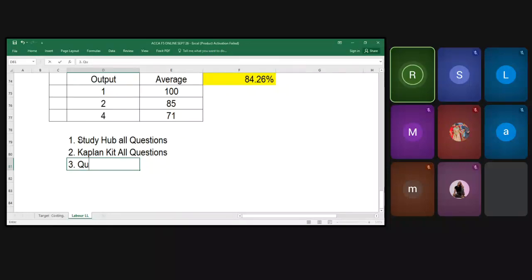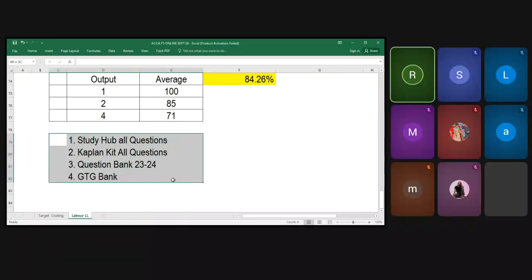I would want you to use the question bank 23 to 24. Then number 4, use the GTG bank. All right, so that's the order of priority. And make sure that you exhaust all questions from startup.